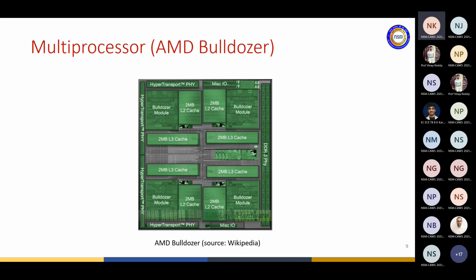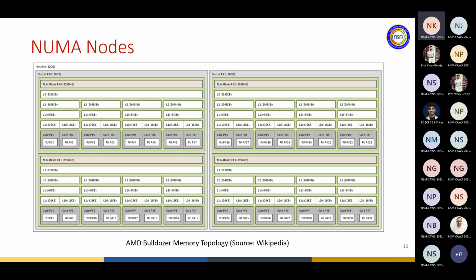To understand it logically, you can take a look at a cleaner diagram. This is the output of a tool called lstopo, which shows the memory topology of the system. Here you can see this is just one node. Remember, we are still talking of just one compute node. It has two sockets, and each of them hosts two NUMA nodes.